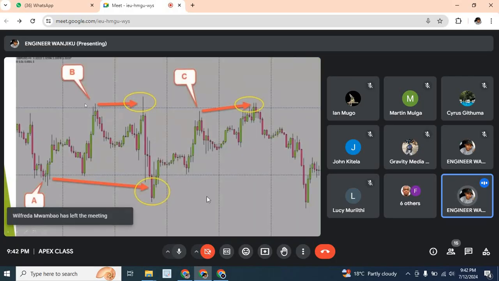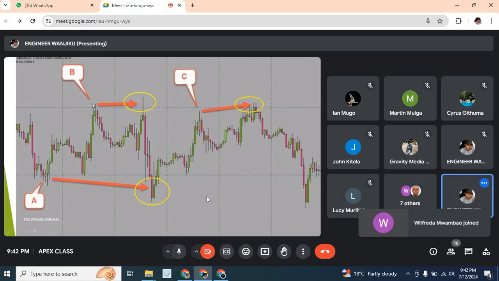The market makers, or rather these big market traders, know that most traders have their stop losses on the previous swing high. So they'll come and notice this is the previous swing high, and they know a lot of money is sitting there. A lot of money is sitting in those zones in form of stop losses. So they'll drive the market up. They are collecting your money, then it goes in your direction.